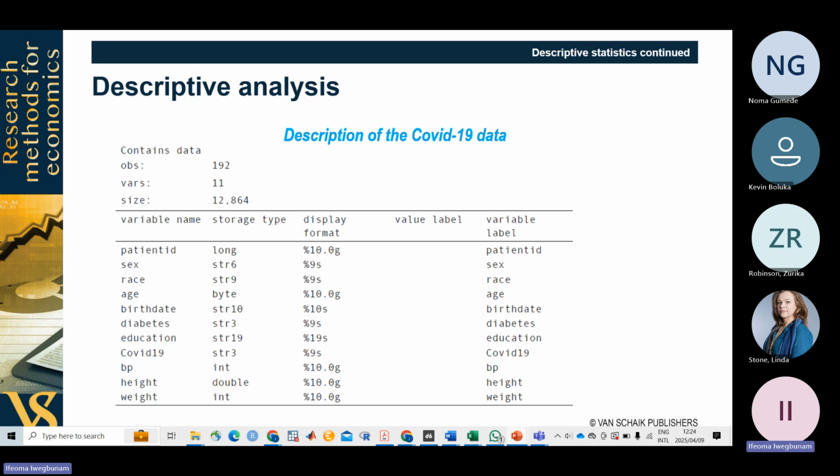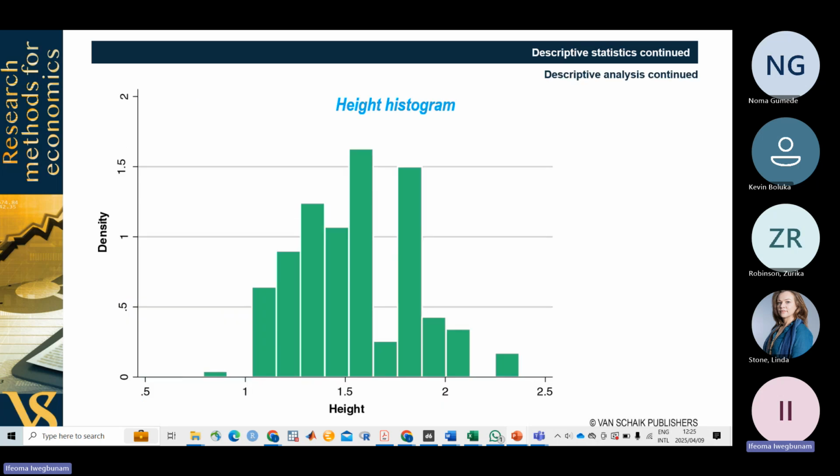You know, when you're working with a data, one needs to be able to observe this kind of sample. Maybe the data, you look at the variable, and you can be able to apply it while conducting your research. You can also see here the height histogram.